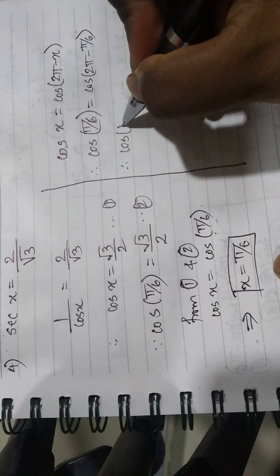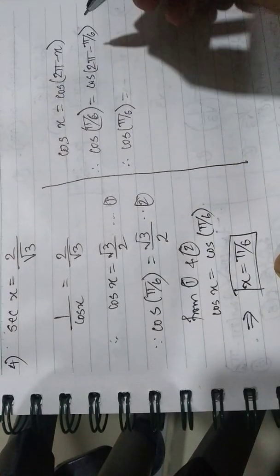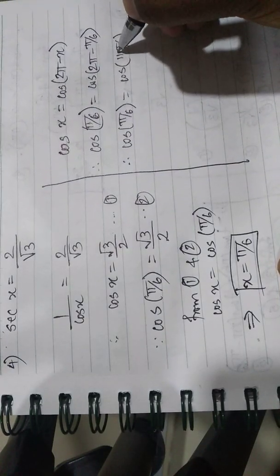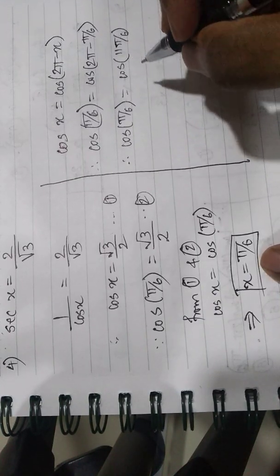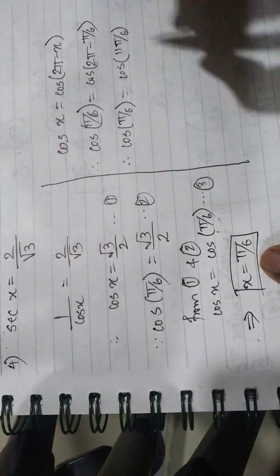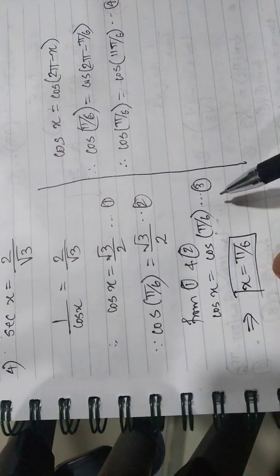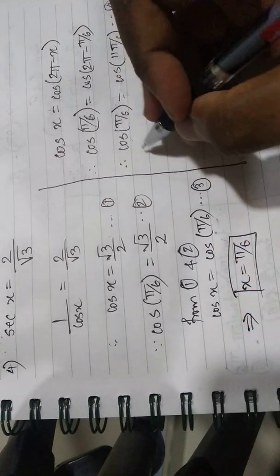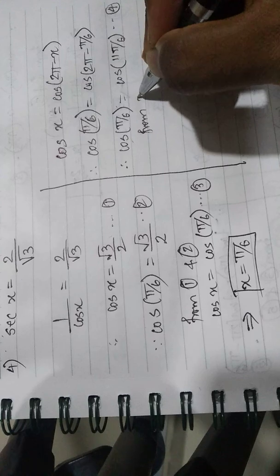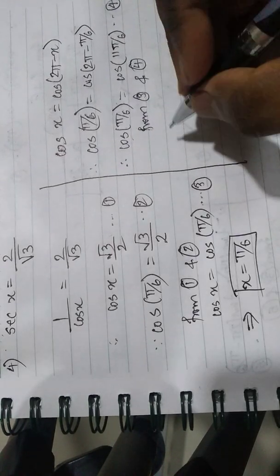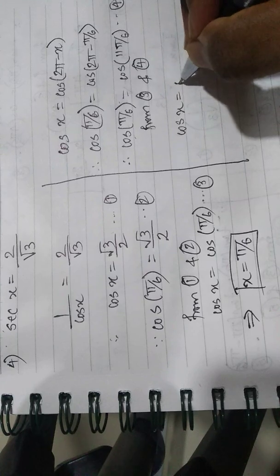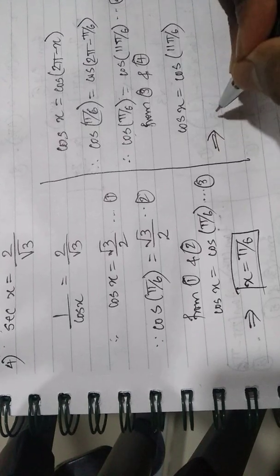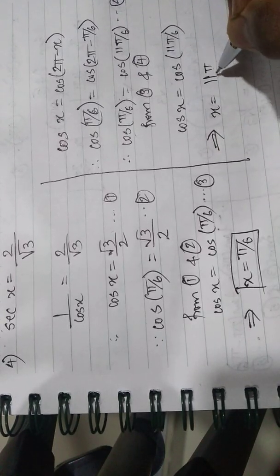Therefore cos pi by 6 equals, solve this out, cos 11 pi by 6. I'll call this expression 3 and this 4. Comparing 3 and 4, cos pi by 6 equals both sides. So from 3 and 4 you have cos x equal to cos 11 pi upon 6. So this implies x equal to 11 pi by 6.